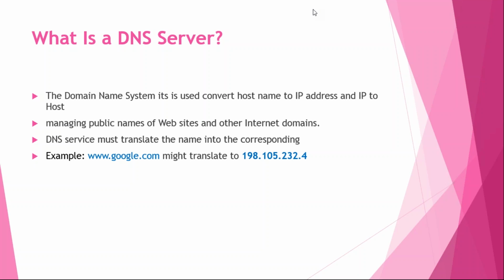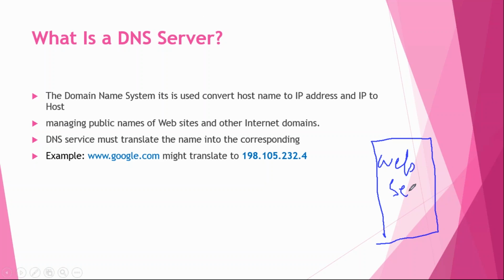So for example, let me take one. Say this is a web server. Now you're typing www.google.com here. It tries to find an IP address for this.